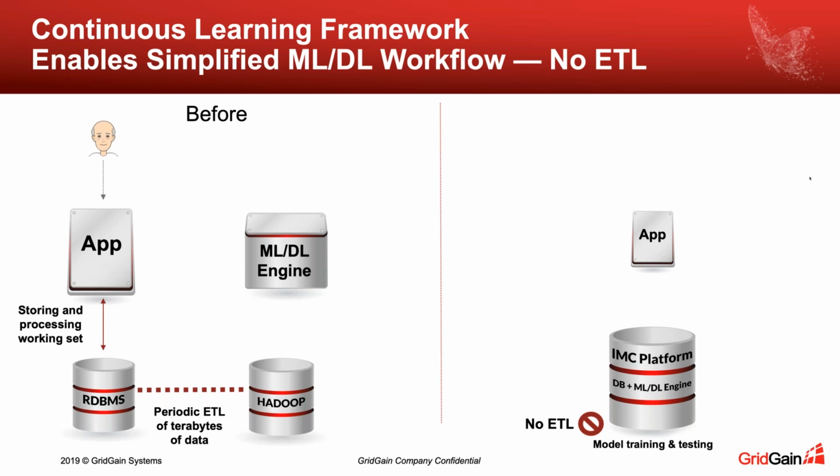That data warehouse is your data lake, which can be used by a machine learning or deep learning engine to train different models, which can optimize your business and bring more value to your customers. But usually those models are trained on stale data, the data that is periodically ETLed from your database. Once you train your model on that stale data, you go ahead and redeploy it in your business application.